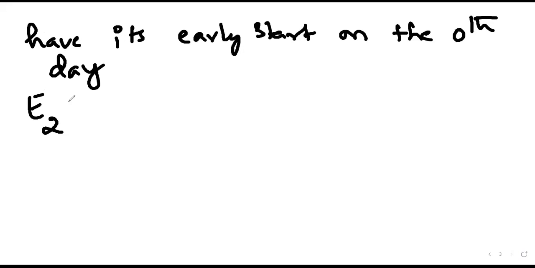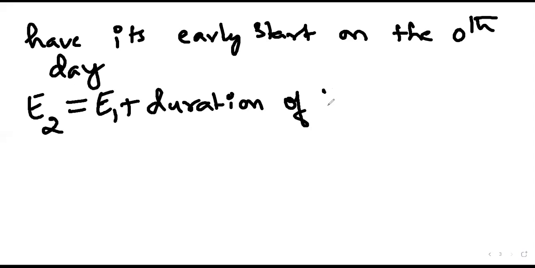What is E2? How do we formulate the E2 equation? E1 plus the duration of 1 dash 2. E1 is 0.